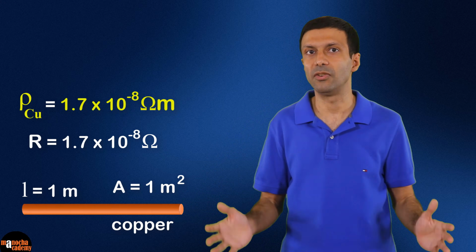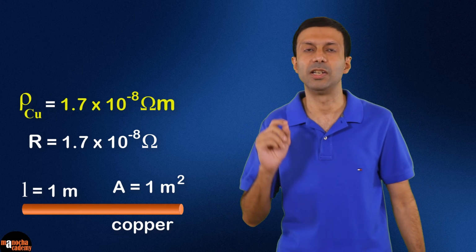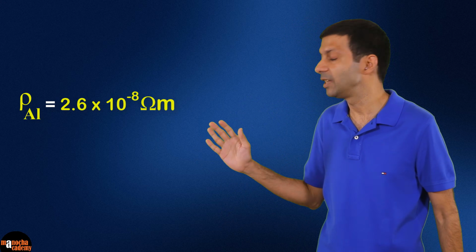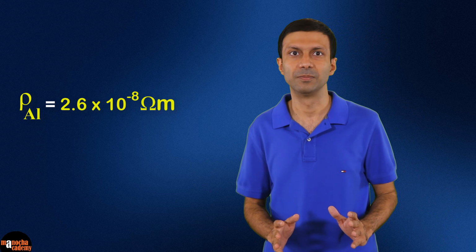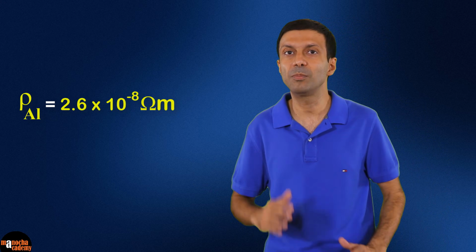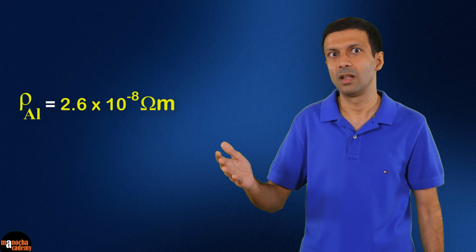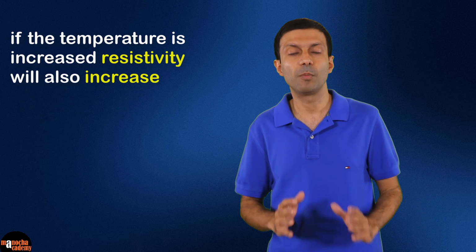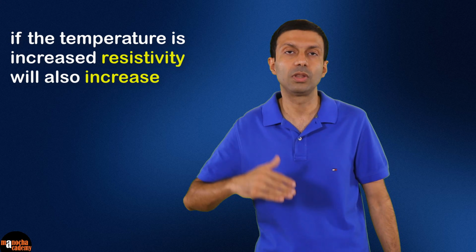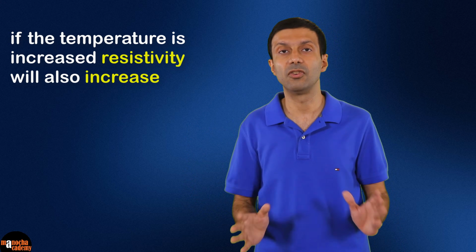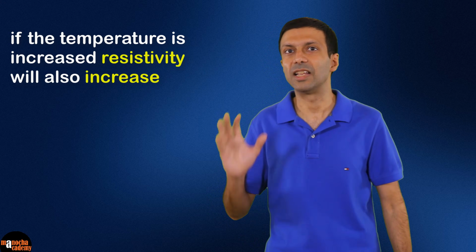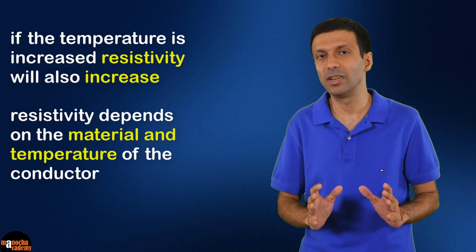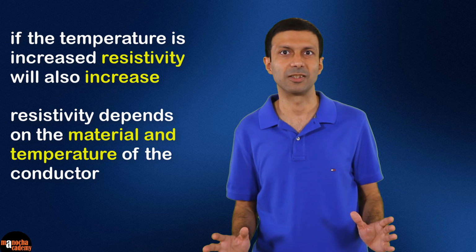But if we change the material, the resistivity value will be different. For example, the resistivity of aluminium is 2.6 into 10 to the power minus 8 ohm-meter. Resistivity of aluminium is higher than copper. Now, if the temperature is increased from, let's say, 20 degrees centigrade to 30 degrees centigrade, then the resistivity value will also increase. So we've learnt that resistivity depends on the material and the temperature of the conductor.